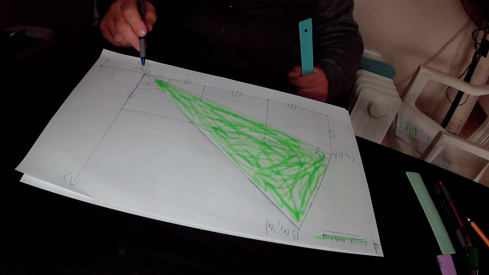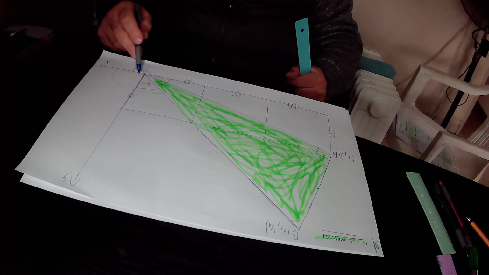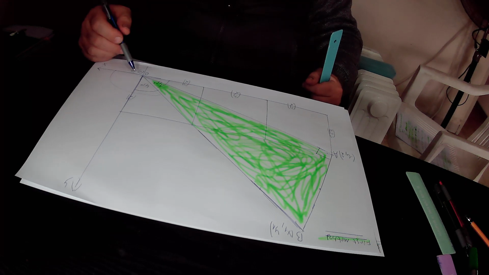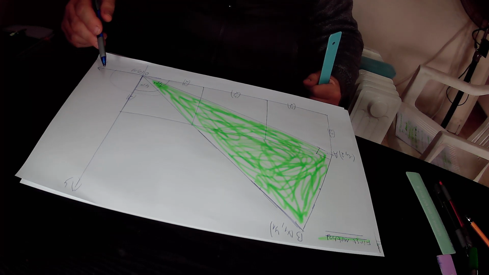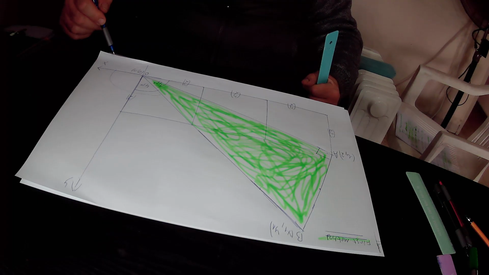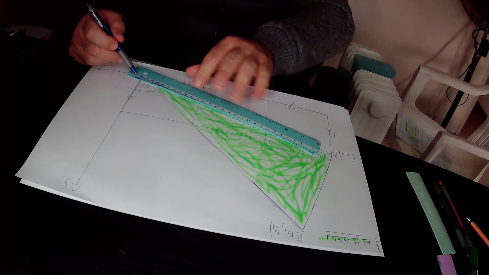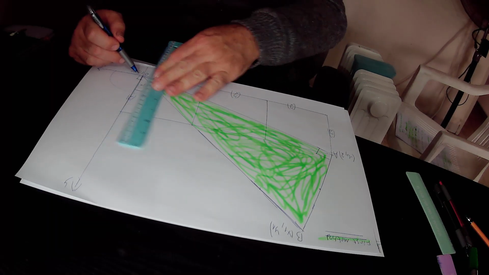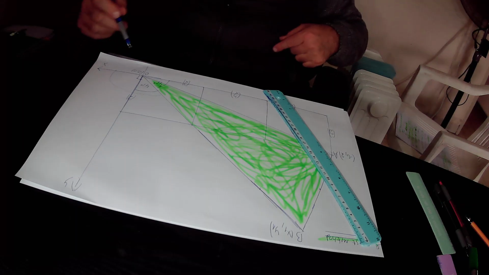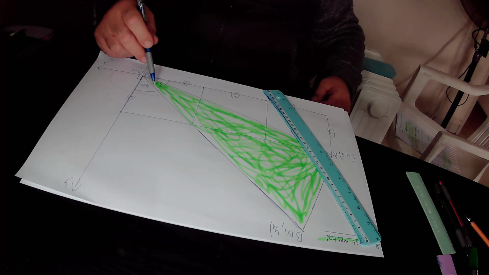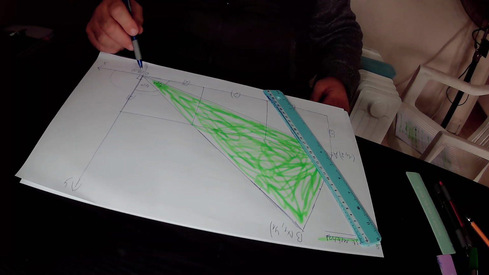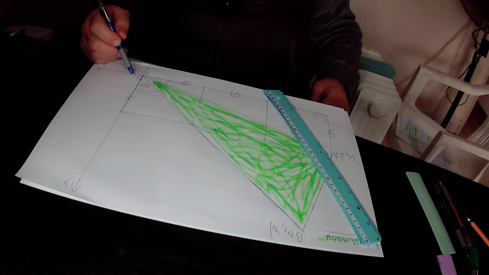This angle equals 45 degrees plus 90 degrees, since the x-axis is perpendicular to the y-axis, so this is a right angle. In total, the angle equals 135 degrees.